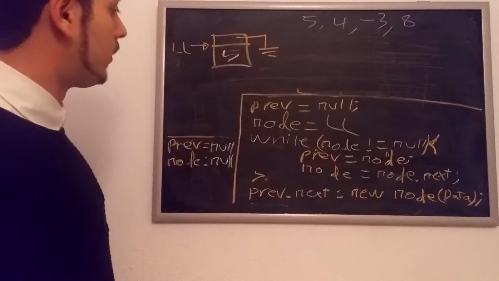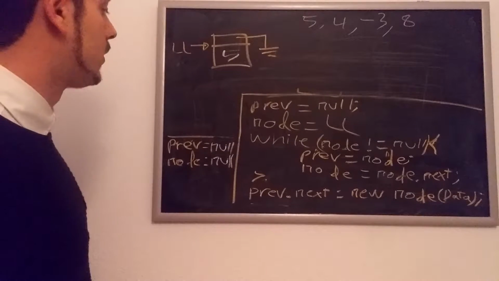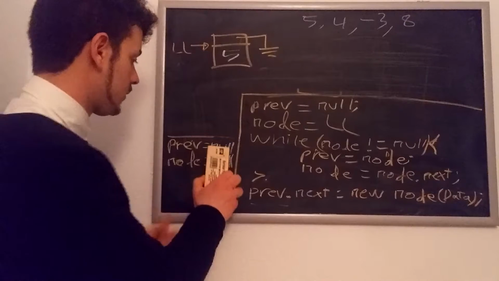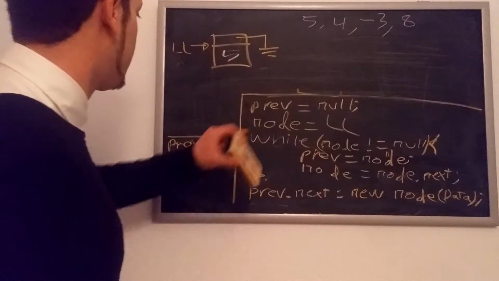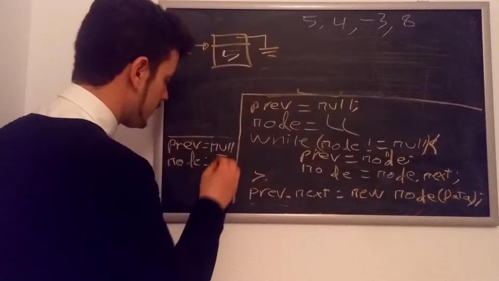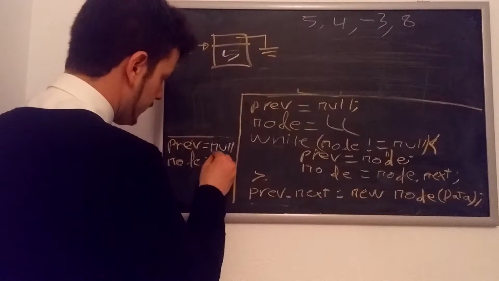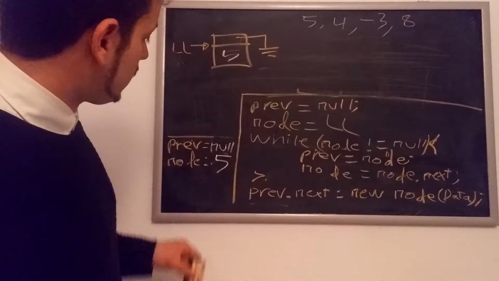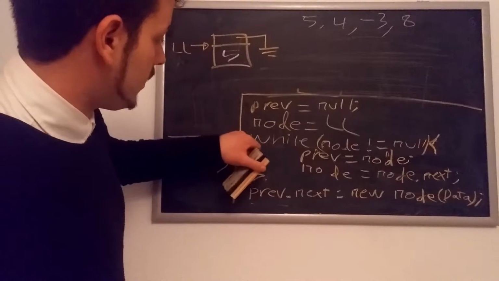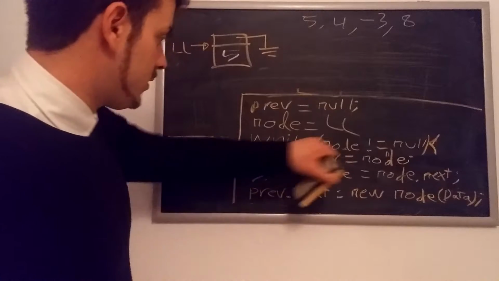Now, to insert the 4, we execute the code again. Prev is initialized to null, node is initialized to the very beginning, which is pointing to 5. We evaluate the while condition.